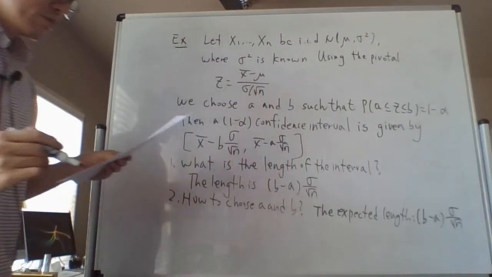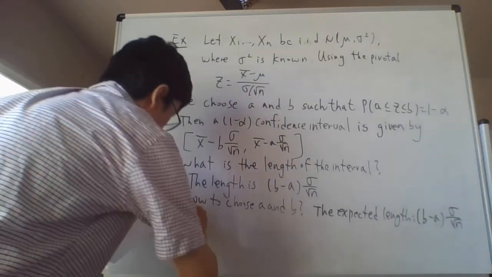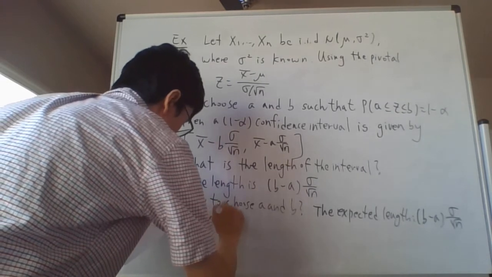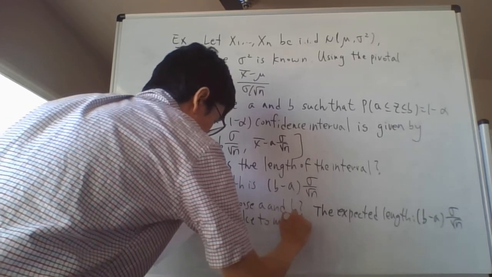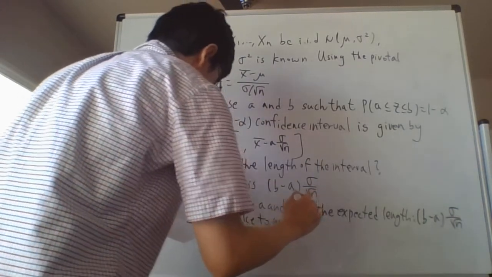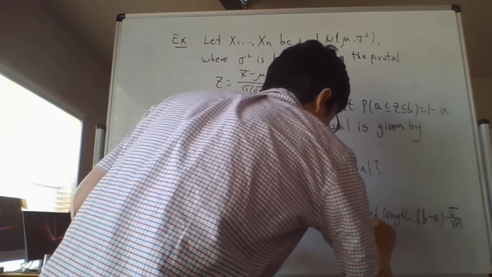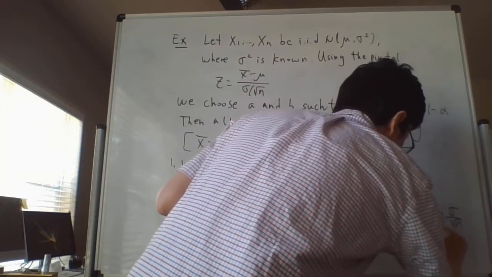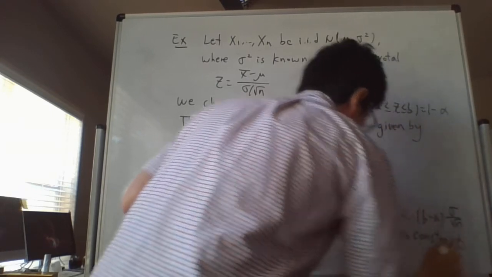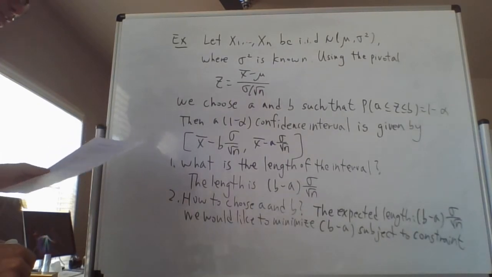So sigma is known and n is fixed, so we would like to minimize B minus A subject to a constraint.